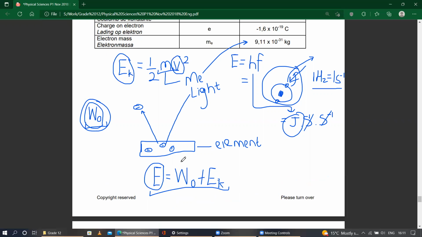So your work function, since you know that energy is equal to Planck's constant multiplied by the frequency, your work function is basically Planck's constant multiplied by the minimum frequency, f0.